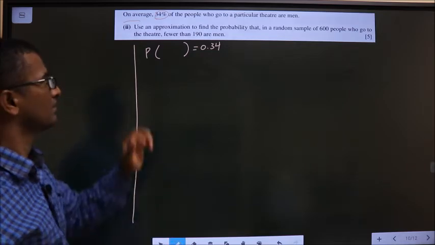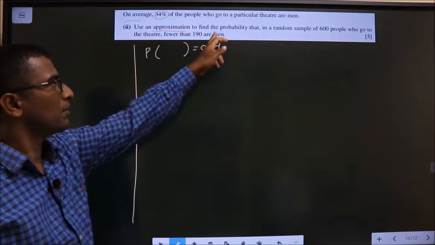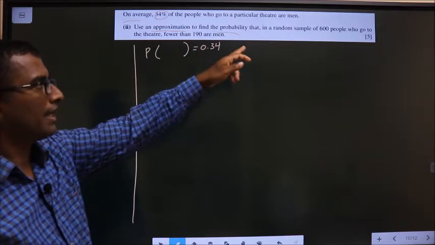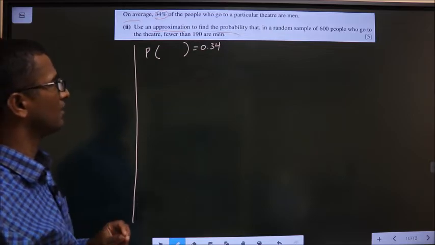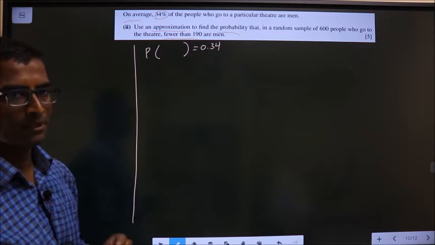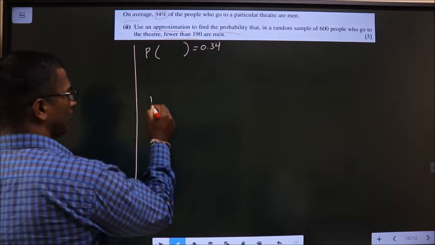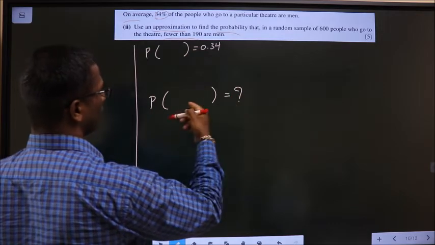Okay, next. Use an approximation to find the probability that in a random sample of 600 people who go to the theater, fewer than 190 are men. So here you need to find the probability of what condition?